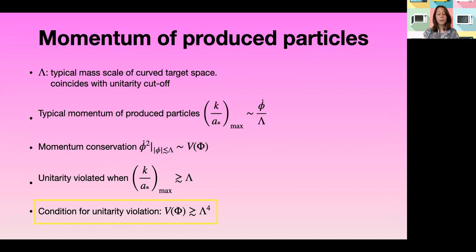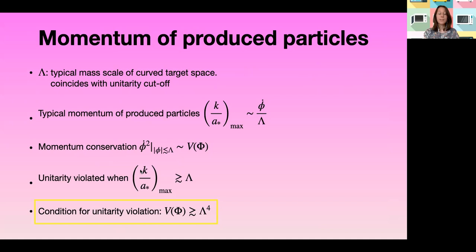Now, when the inflaton crosses zero, particles are produced from the spiky mass term, and the typical momentum of the produced particles is given by the velocity of the inflaton field divided by the cutoff. Then from energy conservation, the velocity of the field can be related to the inflaton potential at the end of inflation. And of course, as I just said, unitarity is violated when the maximum value of the momentum exceeds the cutoff scale.